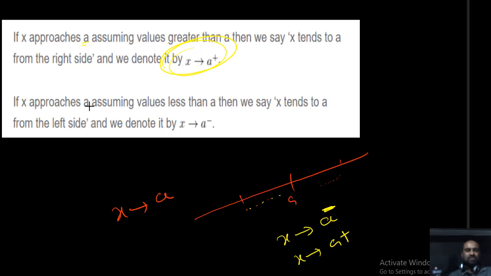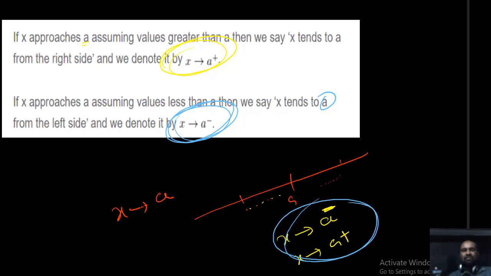If x approaches a assuming values less than a, then you say that x is tending to a from the left side of a, and we denote it by x tending to a minus. If these two things happen, then you can say that x is tending to a and x is never equal to a. So this is the concept of x tending to a.